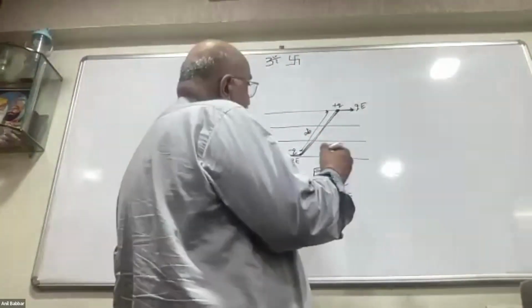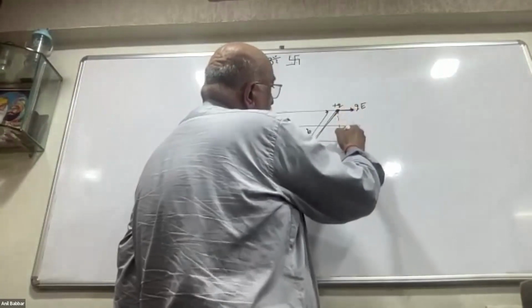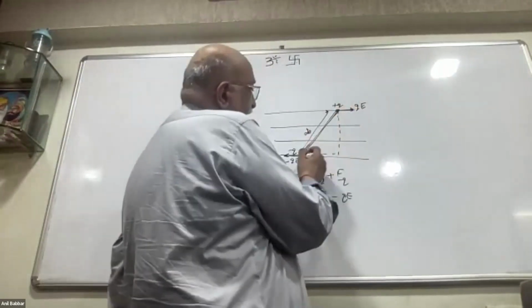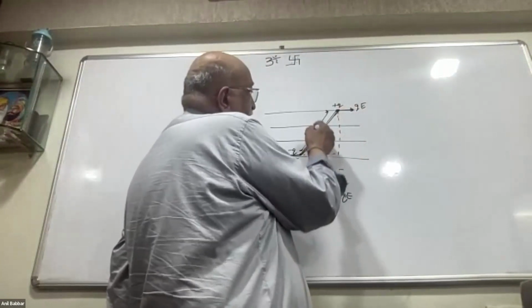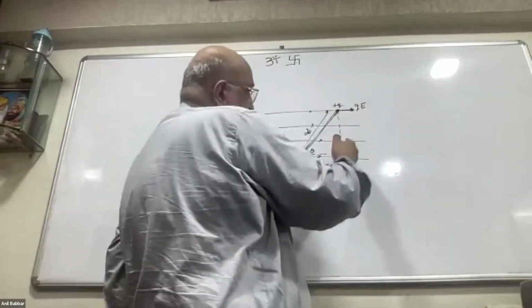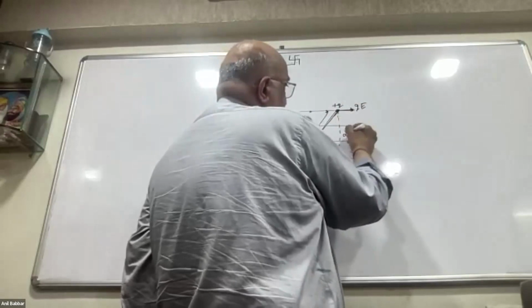The perpendicular distance between these two forces will be this one. This is theta, the angle between the electric field lines and the dipole. Using trigonometry, this perpendicular distance will be 2a sine theta.